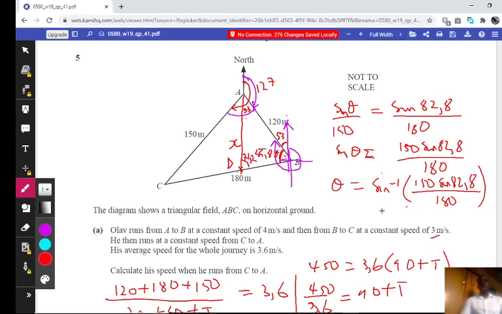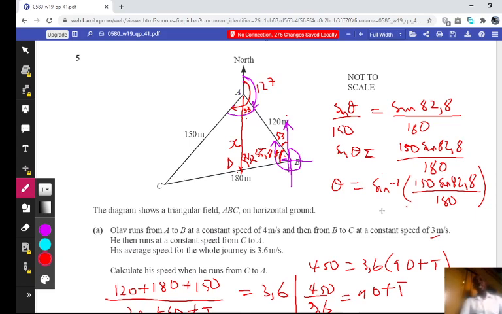Right, now we can use the sine rule to find this side x. You can say x over sine 55.8 is equals to 120 over sine 71.2. Or you can put the sine on top, but I want to find the side.